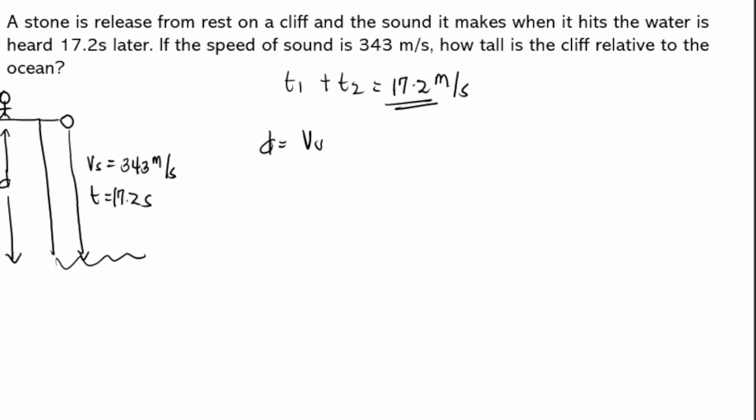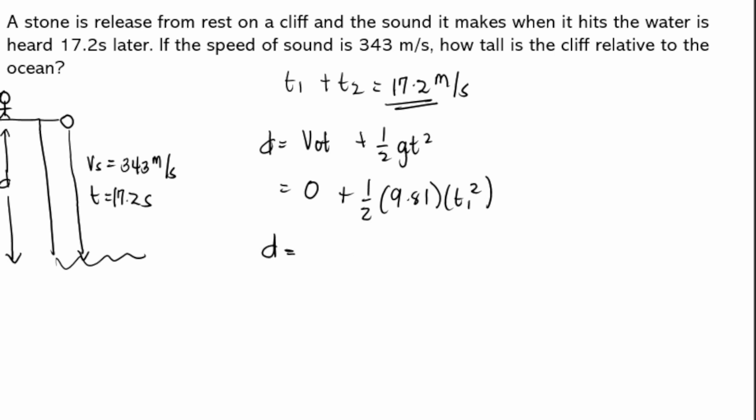So, V naught T plus 1/2 AT or GT squared. Okay? So, 0 kasi wala kang initial plus 1/2 since pababa po siya, gamitin natin is positive 9.81. Ang T squared natin is yung T1 squared. So, unknown pa siya. So, D is equals to 4.9 T1 squared.